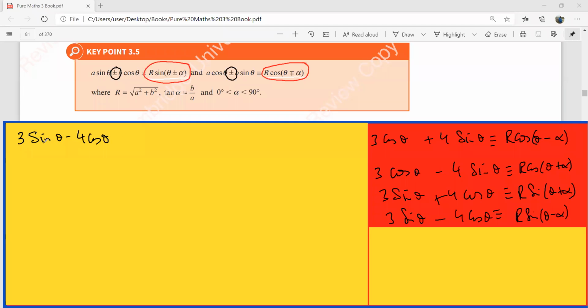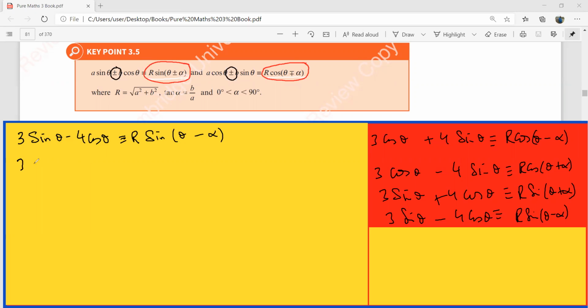The method I'm explaining right now will not be used to write these expressions into these forms here. This is just a reason, a logic why we do so. So this is 3 sine theta minus 4 cos theta. We'll be asked to write this in the form r sine theta minus alpha.